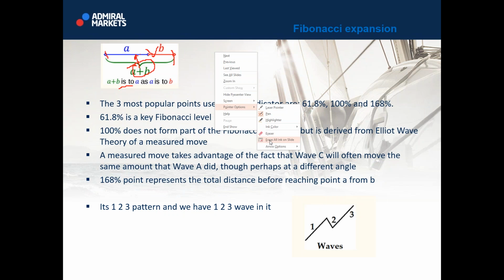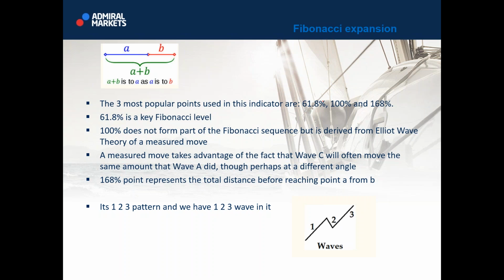The three most popular points used in the expansion indicator are 61.8, 100, and 168. 61.8 is a key Fibonacci level. 100 does not form part of the Fibonacci sequence, but is derived from Elliott wave theory of a measured move.